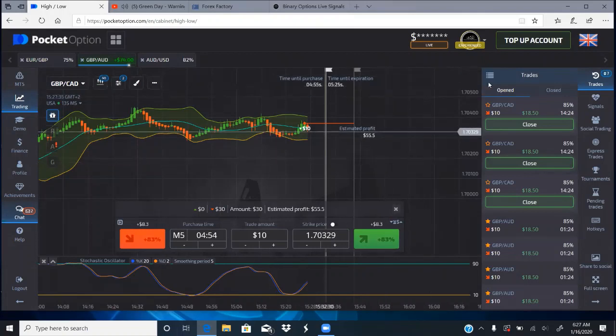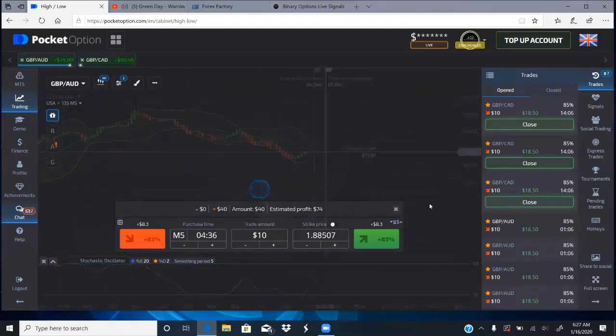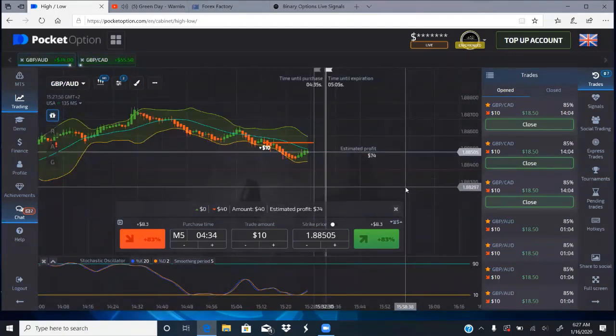So I got 3 positions open on GBP CAD. And those all just hit the profit zone. We got a minute left on GBP CAD. Looking good.